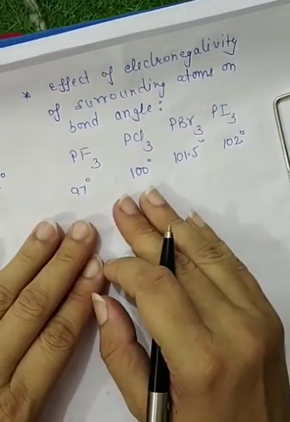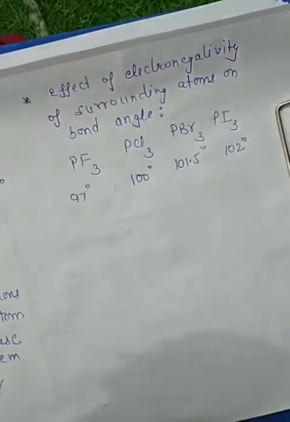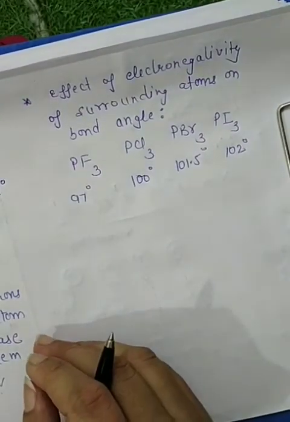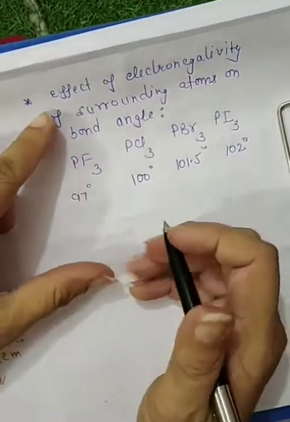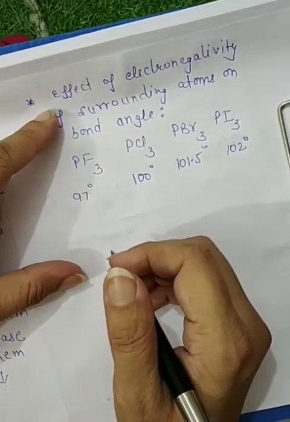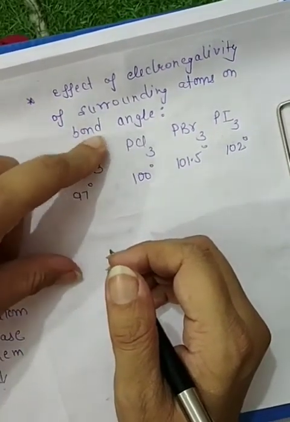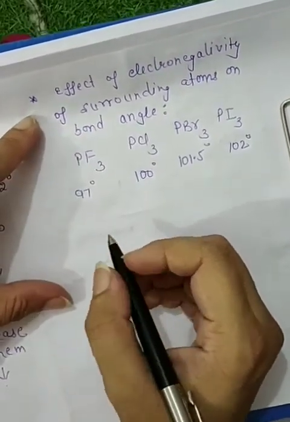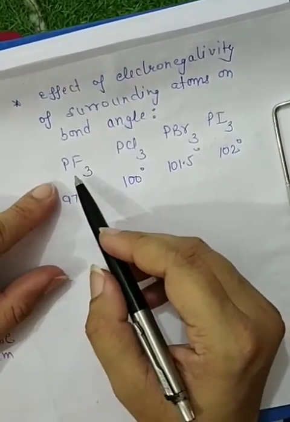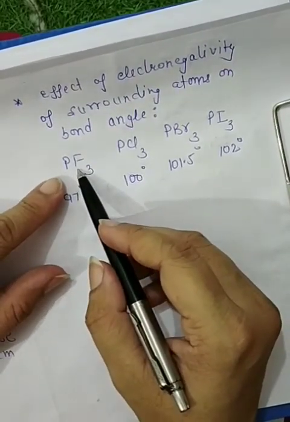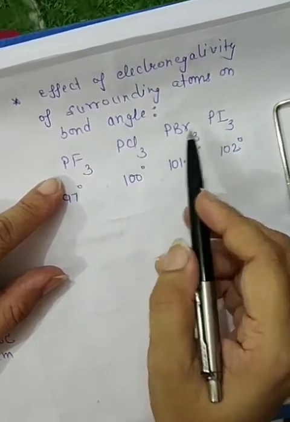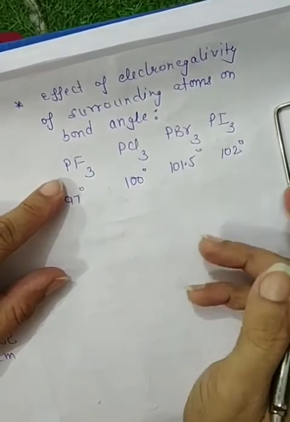There is no need to learn these angles, just focus on the variation of bond angle value with electronegativity. So here we see, as the electronegativity of the surrounding atom decreases, the bond angle decreases.